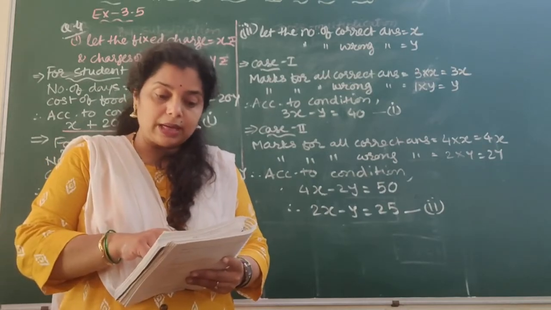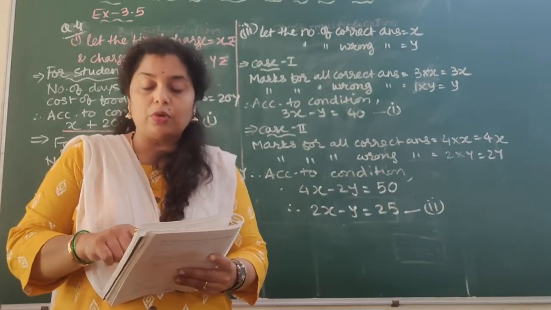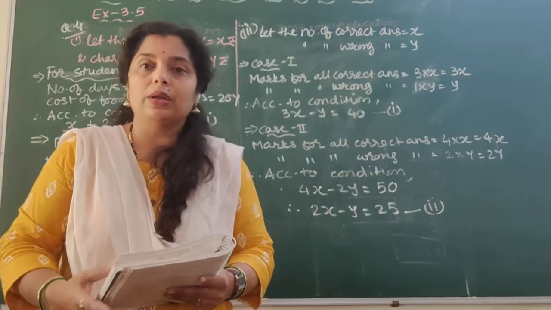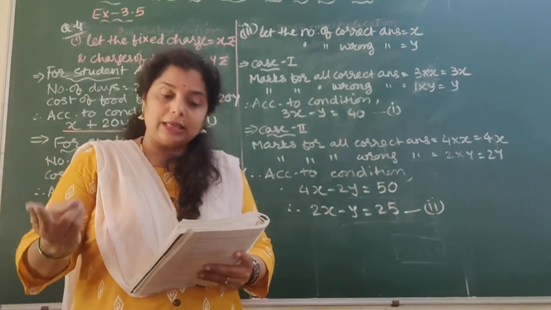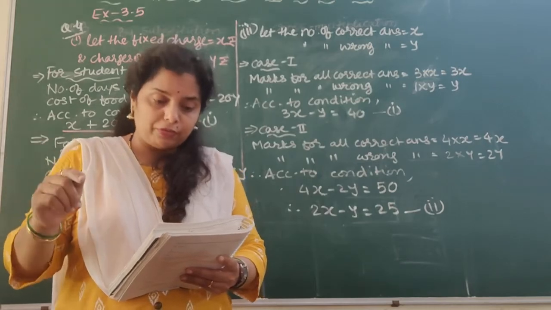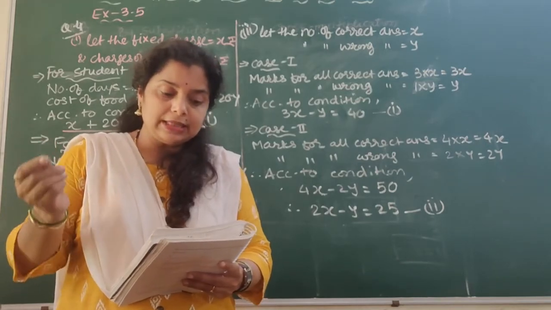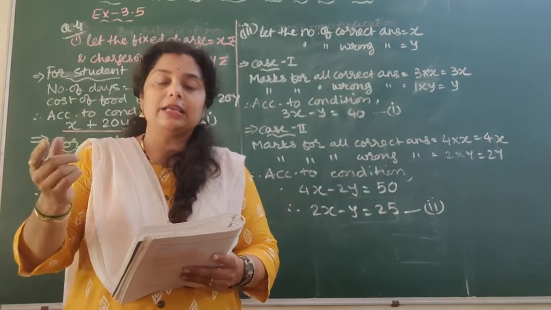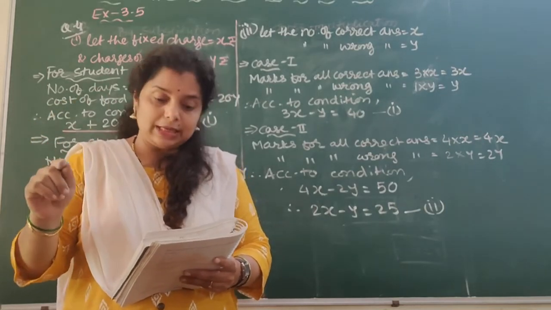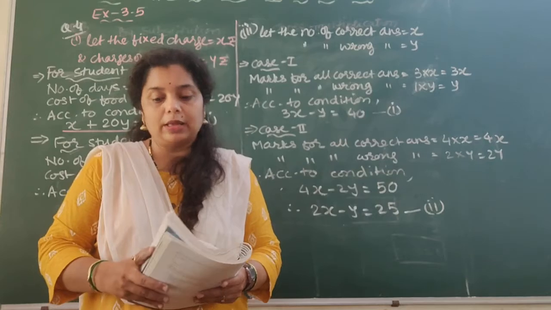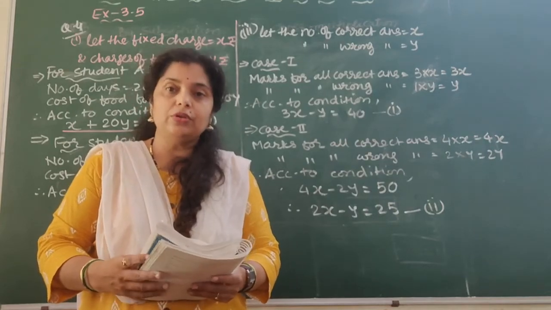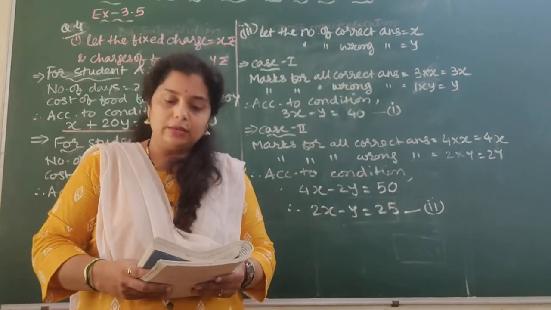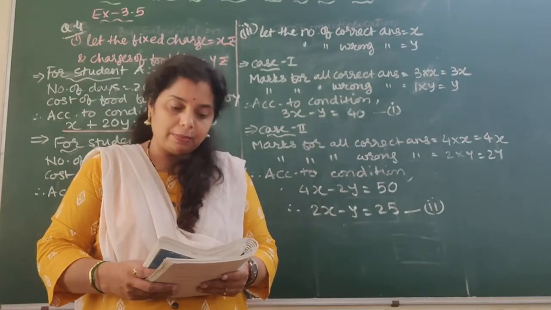It will be 1 by 3 if we subtract 1 from the numerator, so x minus 1 by y is equal to 1 by 3. In the second case, it becomes 1 by 4 when 8 is added to the denominator, so the numerator stays as it is: x by y plus 8 is equal to 1 by 4. After simplification, you get a linear pair of equations, and then you can solve by any method.